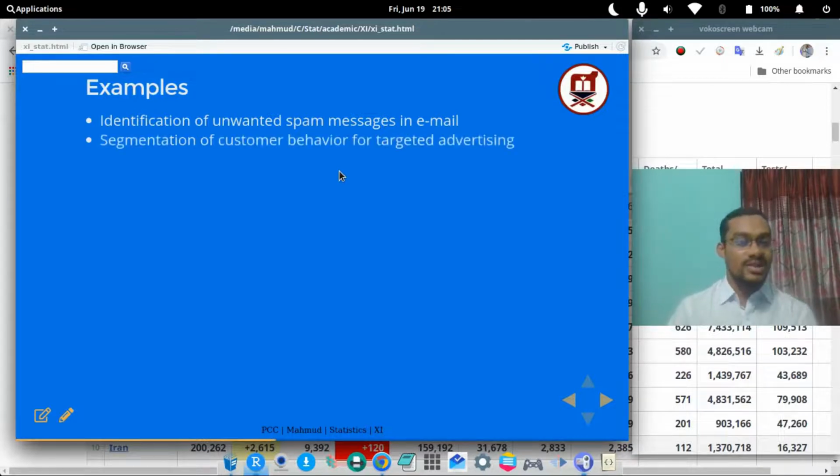Some other applications are segmentation of customer behavior for targeted advertising. You know that when we receive SMS messages from mobile operators, the message I receive and the message you receive may not be the same, because the talking behavior and other behaviors of you and me are not alike.